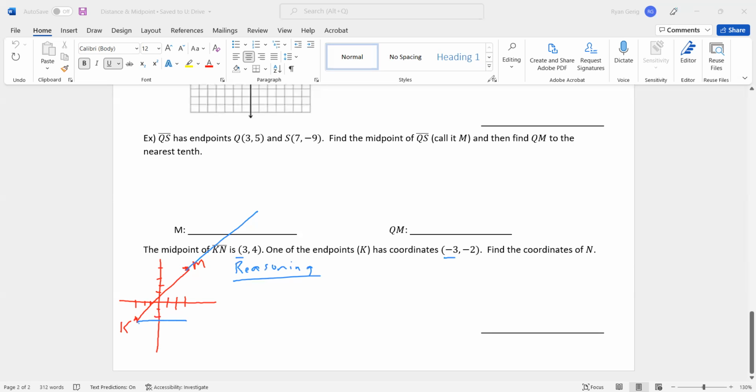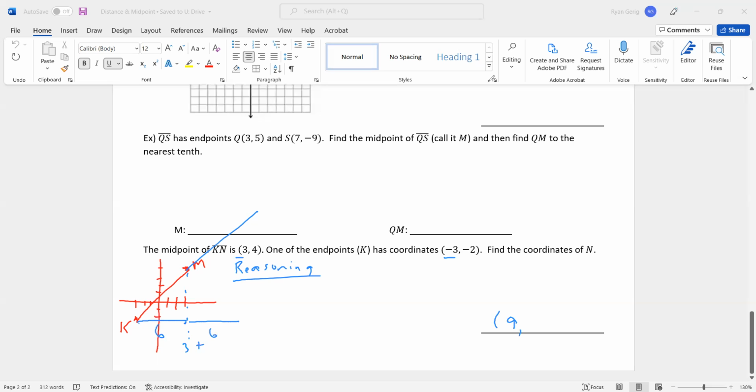So how far did I go? I went 6 units. If M is the middle, I've got to go 6 more units in the x direction. I'm starting at x equals 3, and I've got to go 6 more. That's at 9. So the x coordinate is 9.